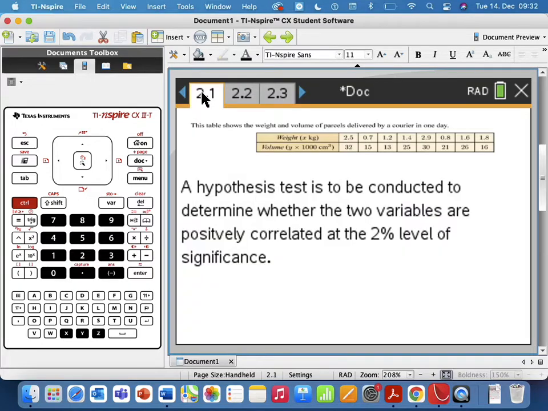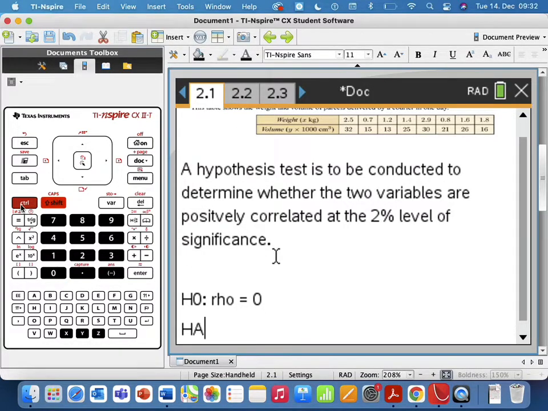So if we go back to here, we are going to put a null hypothesis. I'll just put an H0 for null. Well, basically, we can do rho equals 0, and rho, the Greek symbol, is the population correlation coefficient.